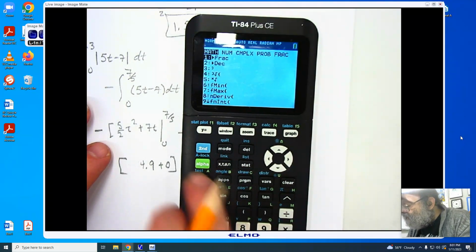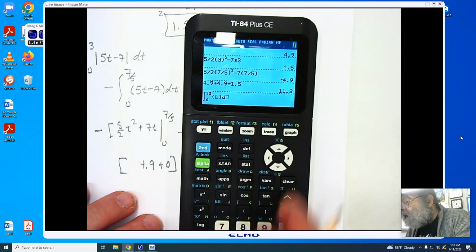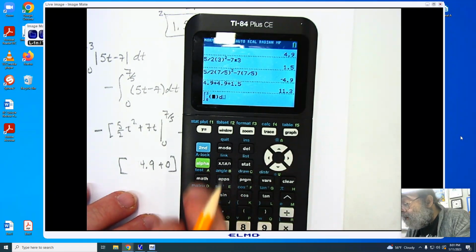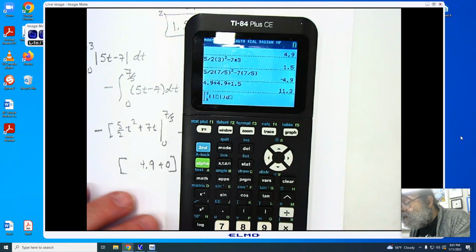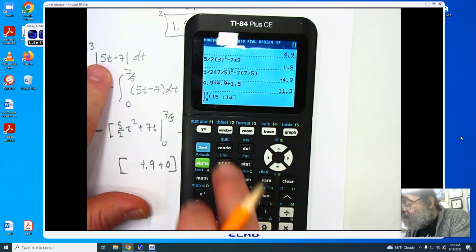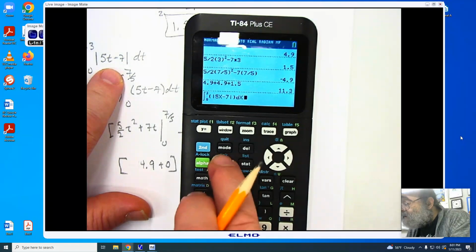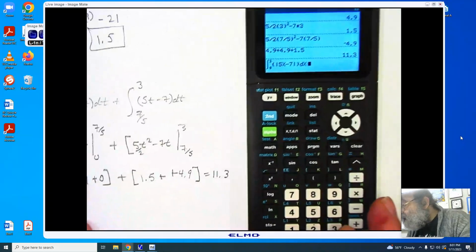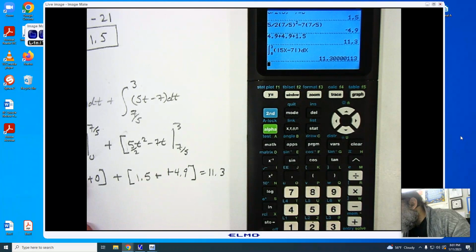Now, we can easily do this as well with our calculator by simply plugging it in. This gives us math 9, working from 0 up to 3. This is going to tell me whether I got it right or wrong. Math, number, absolute value, and now put in 5x minus 7. Go out and put a dx, and my hope is that I get 11.33. And I do.